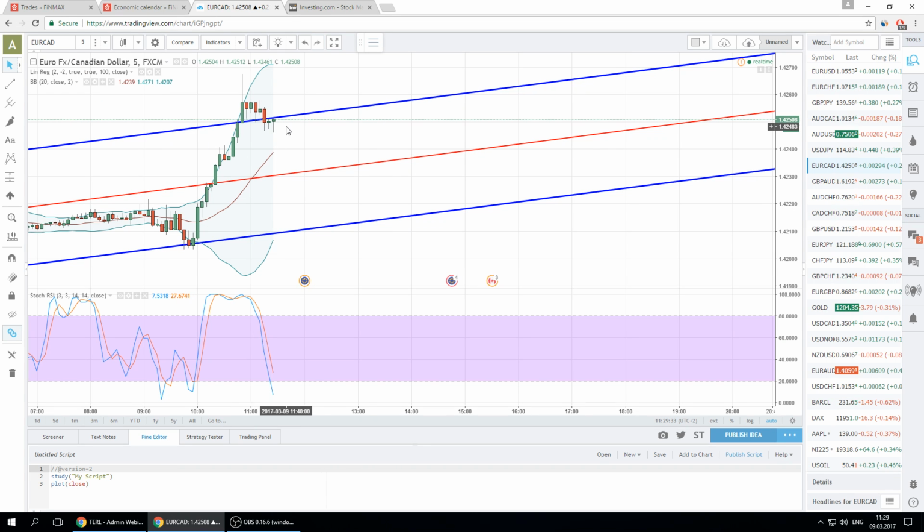This candle is going to expire in several seconds, so I'm going to wait and see. Probably I will open the trade for low, but I want to see the next candle.